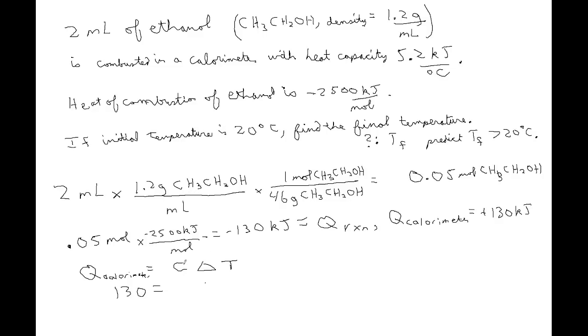All right, and what are you plugging in for capital C? 5.2. Good. And what did you plug in for delta T? TF minus 20. Okay, good. Now we can distribute, so we get 5.2 TF minus 104 is equal to 130. And then add 104 to both sides, we get 234.